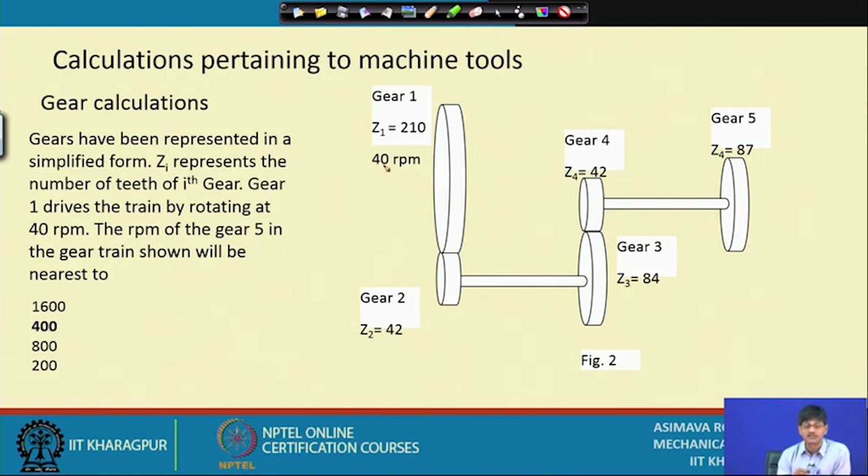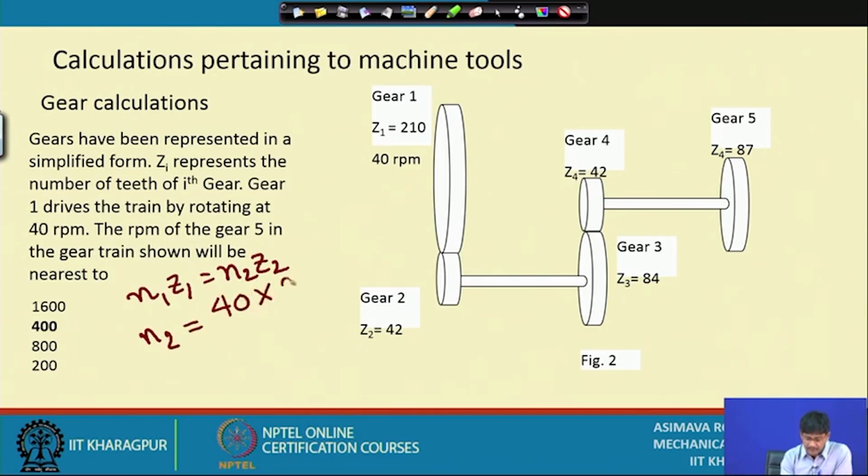So, let us solve it right away. We have n1 z1 equal to n2 z2 for these two meshing gears. Therefore, I can say that n2 can be found out as n1 z1, 40 multiplied by 210, divided by z2. How much is z2? z2 is 42.